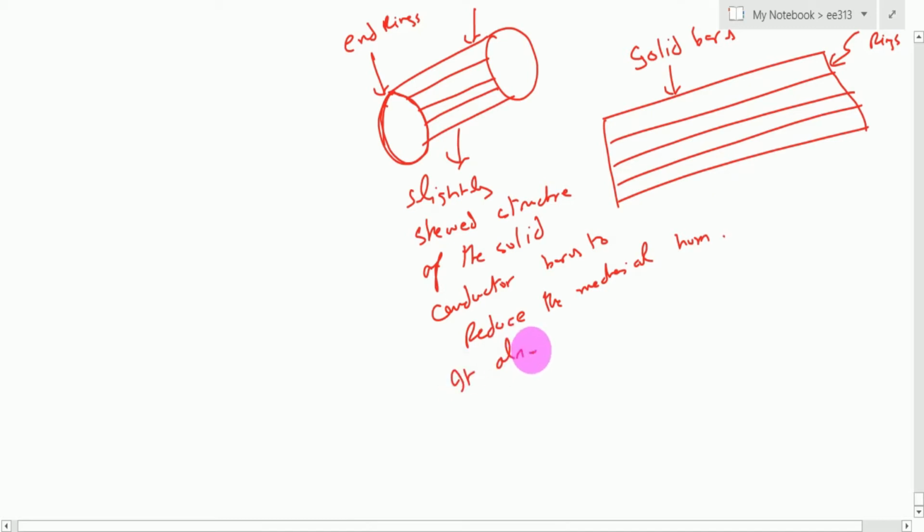It also prevents the rotor teeth from remaining under the stator teeth.